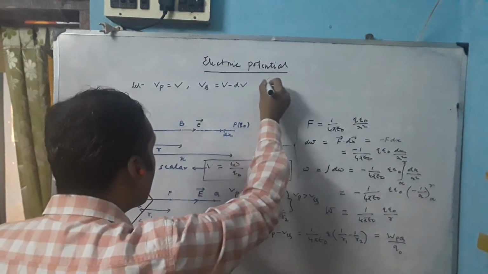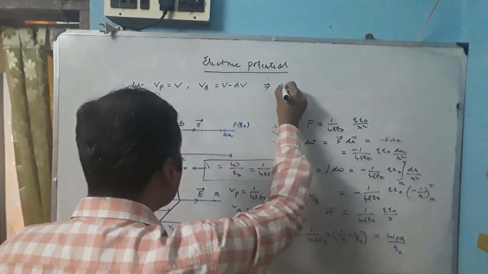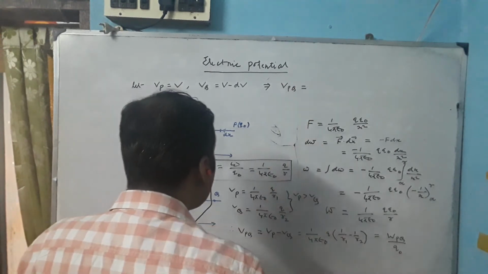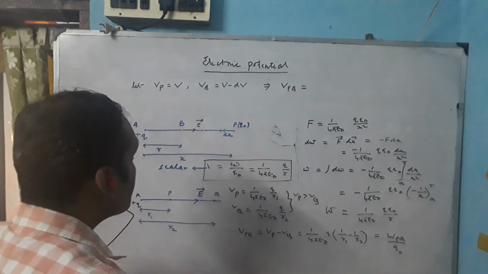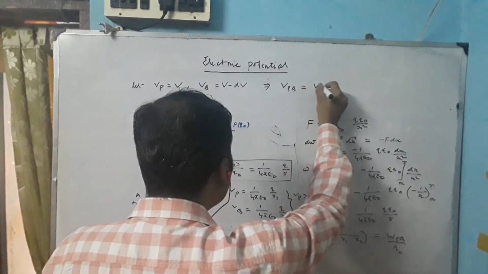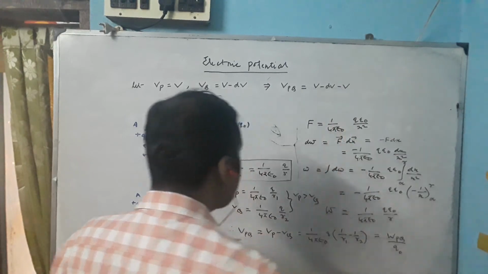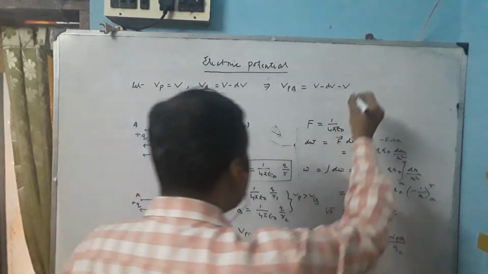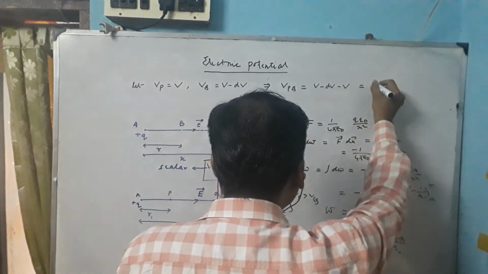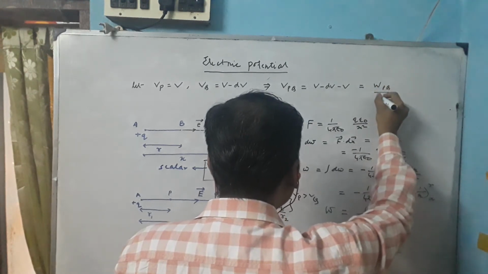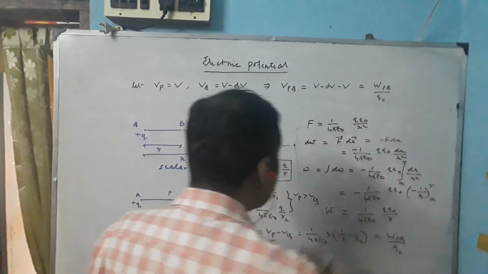So from the definition of potential difference we can write this, which is equal to the work done divided by the unit positive test charge.